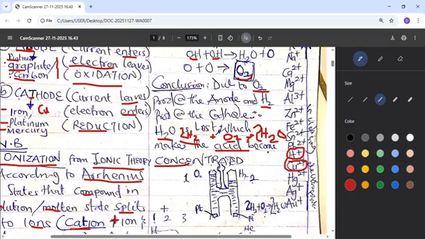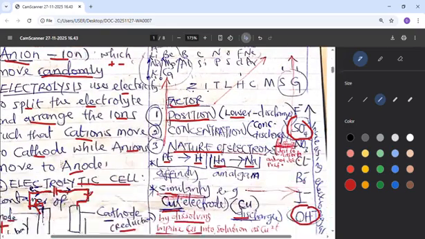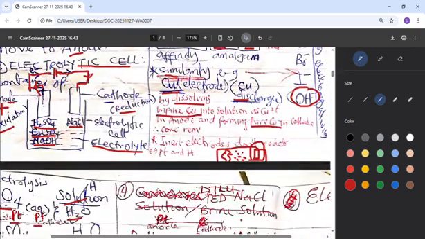Take note, there's something we call active series. In the active series, you will not see all these plus signs. It will just be H, Cu. That's active series. But once you say activity series, you will see plus signs and the likes. So as we said earlier, the lower one, copper, will be discharged because it is below hydrogen.